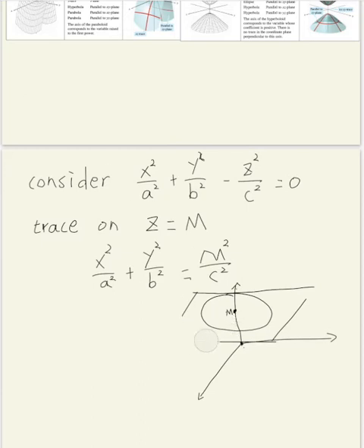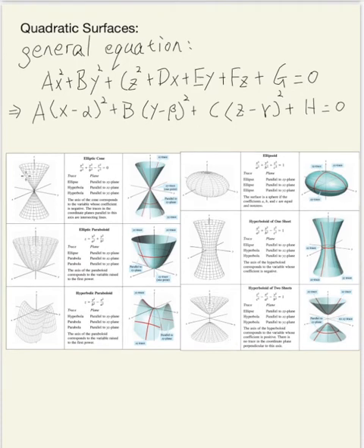Now let me get rid of the plane. When m is smaller, we get a smaller ellipse. Okay, so it's not a very good drawing, but you get the idea. You just get smaller and smaller ellipses when m decreases. Okay, so that gives you a cone shape. This is how we know it has a cone shape.